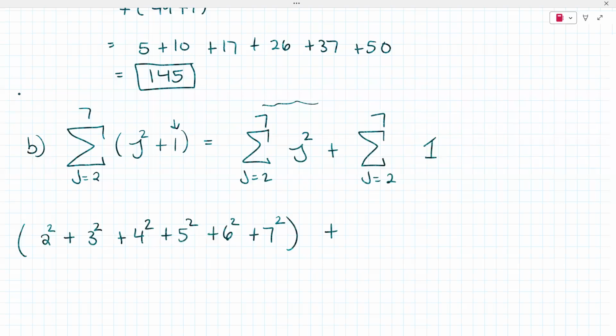Plus, now let's do the other summation. It doesn't matter if you start at 2, your output is always going to be 1. So it's just going to be 1 plus 1 plus 1 until you get to the seventh. So 3 plus 1.